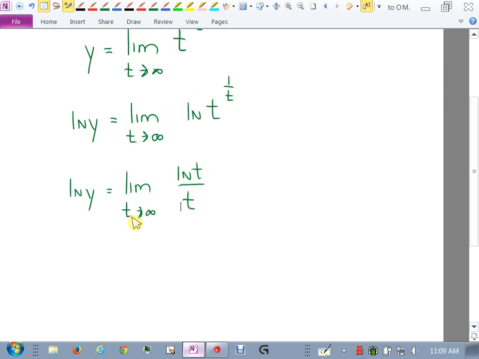And now let me let t go to infinity. When I do that, I get natural log of infinity on top, which is infinity, over infinity on the bottom. Now that's still an indeterminate form, but now I can use L'Hopital's rule. L'Hopital you can only use when you have infinity over infinity or 0 over 0. So I apply L'Hopital's rule now.